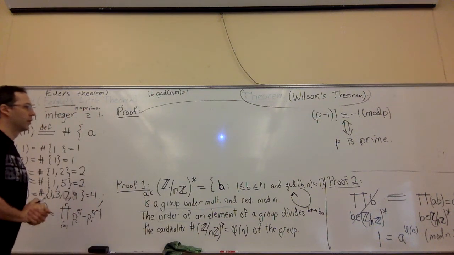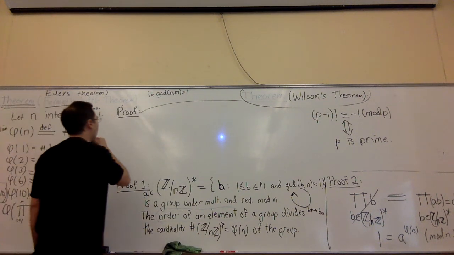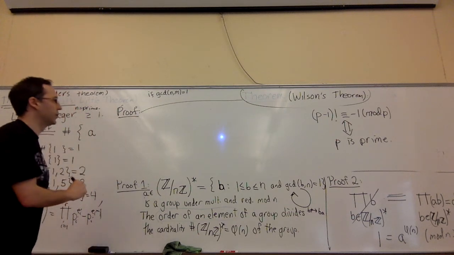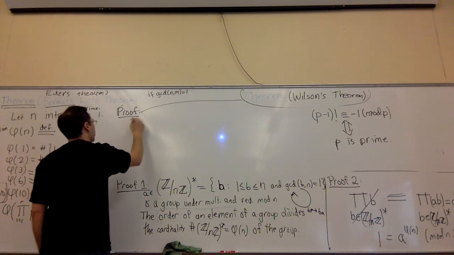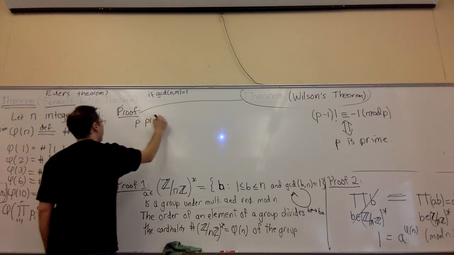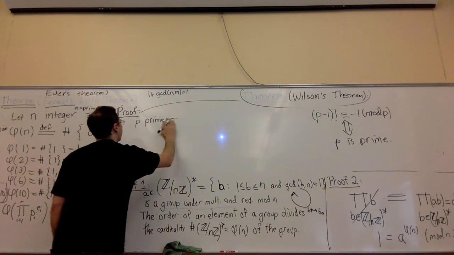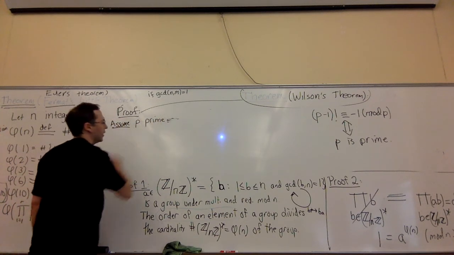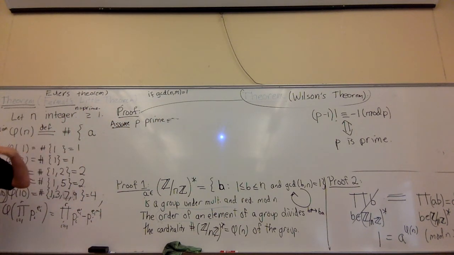What we're going to do is consider, so there are two directions. I might have time to only do one. But let's assume that p is prime. It's an if and only if statement, so you have to assume each direction and then prove the other one. So assuming p is prime, let's compute (p minus 1) factorial.